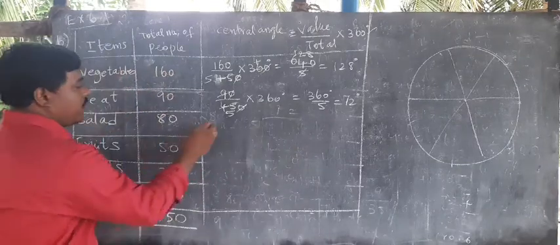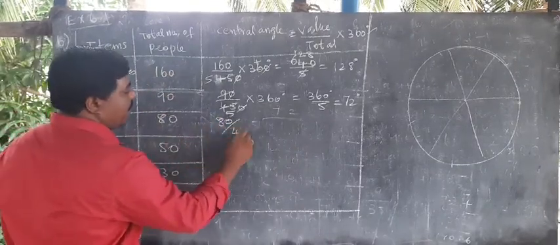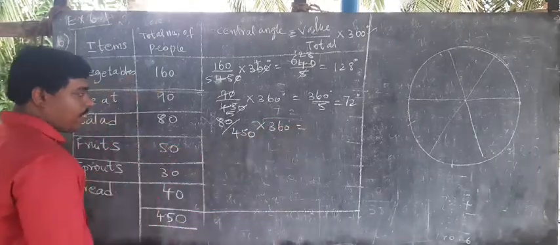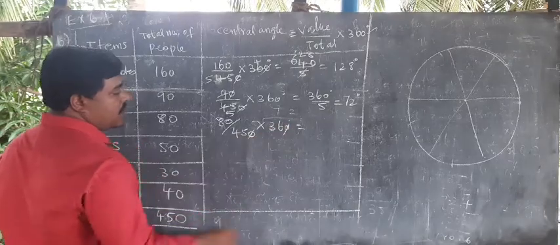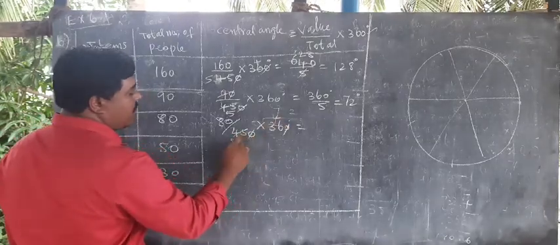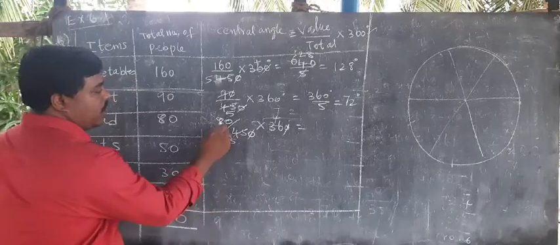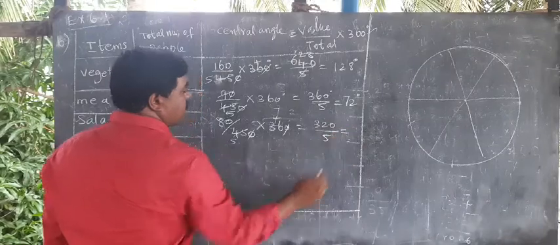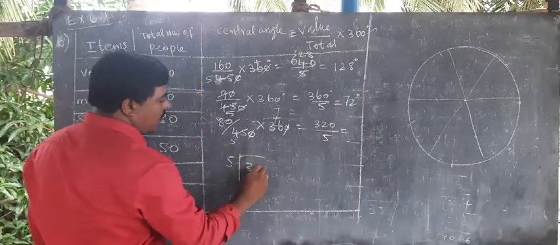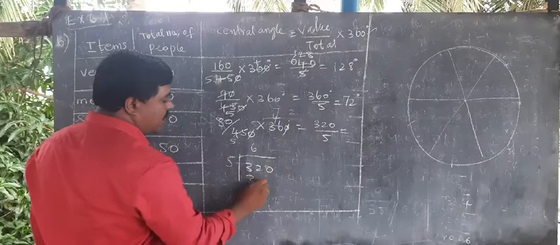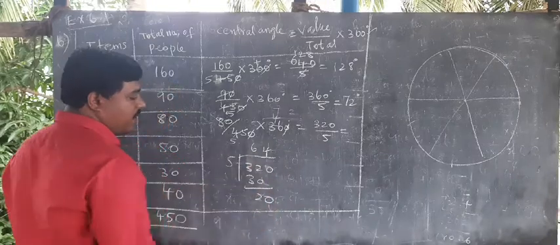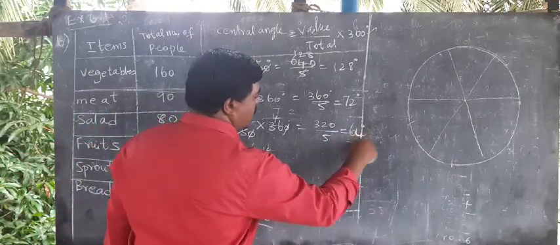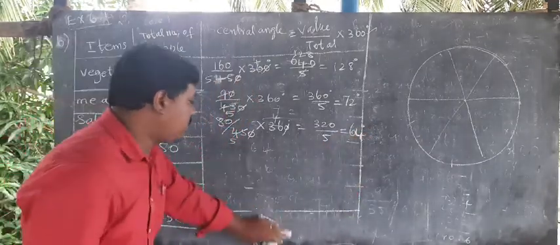Then 80. 80 by 450 into 360 degree. 0 will be cancelled. 9 4 times, 9 5 times. 8 into 4 is 32, then 0, 320 by 5. 5 6 times is 30, 5 4 times is 20. 64 is the answer. 64 degree, right?